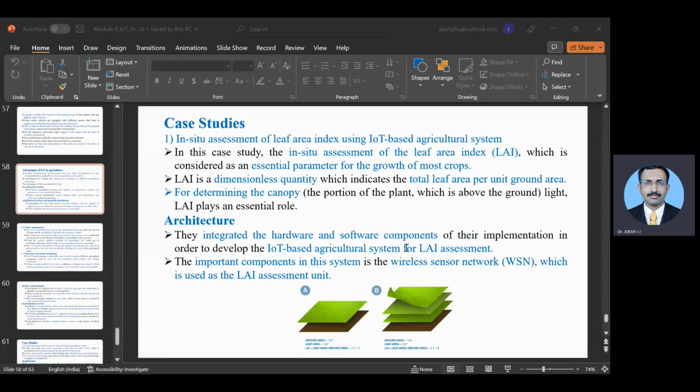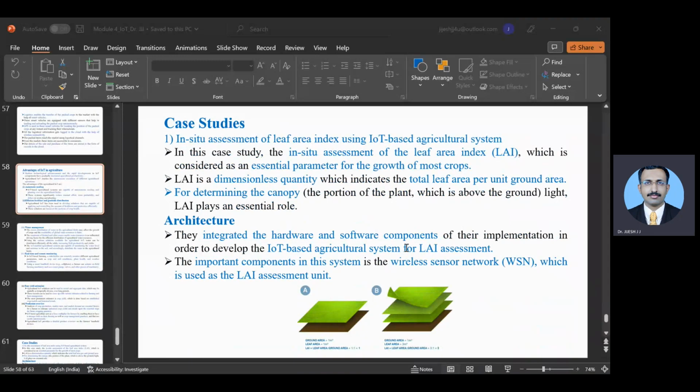Is that clear for you, what is leaf area index? If you take a leaf of 1 meter square and the ground area is also 1 meter square, it is 1:1. If you have, for example, 1, 2, 3 leaves on the same ground area, then it is 3:1. That is what the leaf area index is all about.